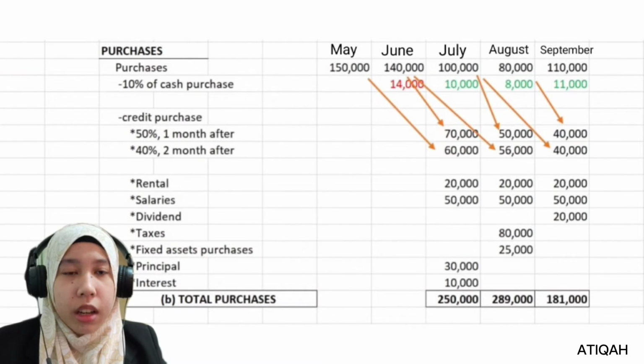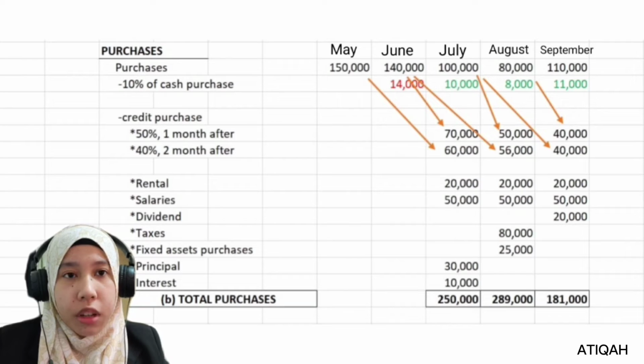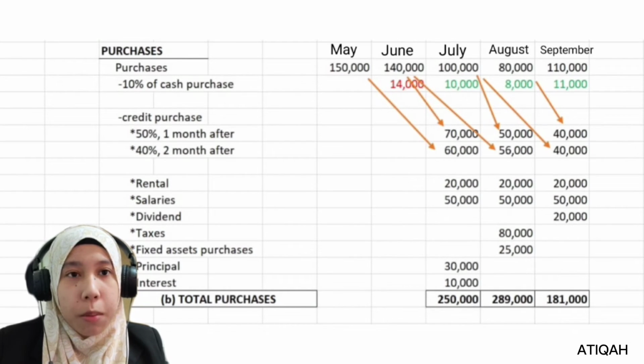Next step is calculating purchases. First, just copy down the number of purchases per month as given in the questions. Next, identify cash and credit purchases. For these questions, 10% of purchases are cash purchases. Thus, cash purchases for June will be 14,000 ringgit, 10,000 ringgit for July, 8,000 ringgit for August, and 11,000 ringgit for September.